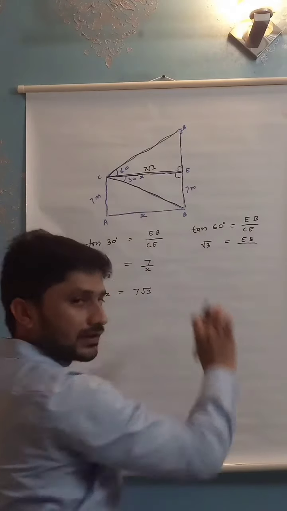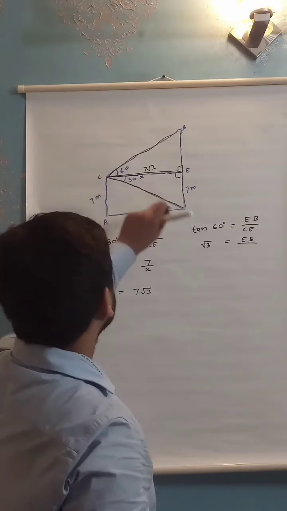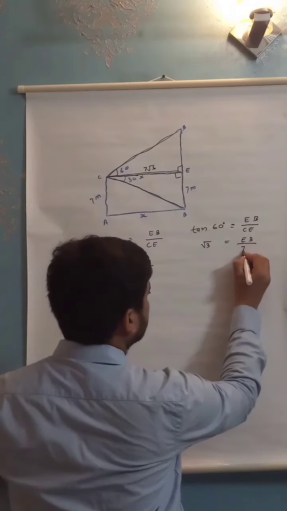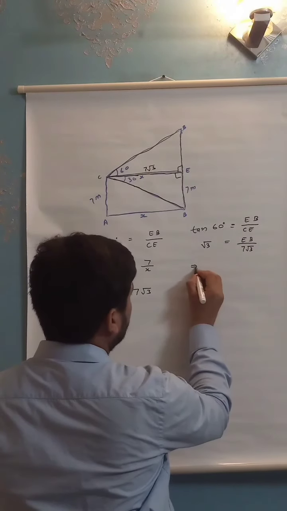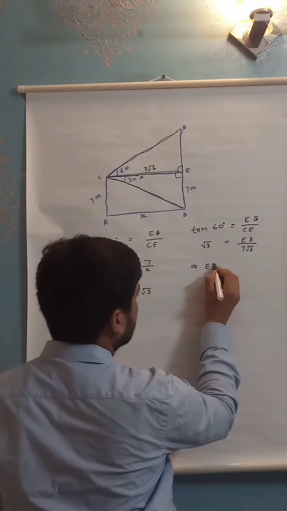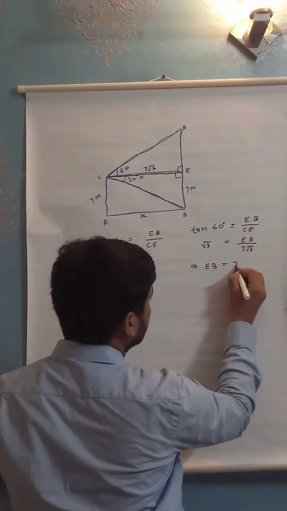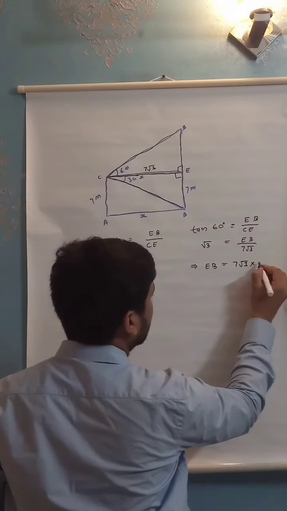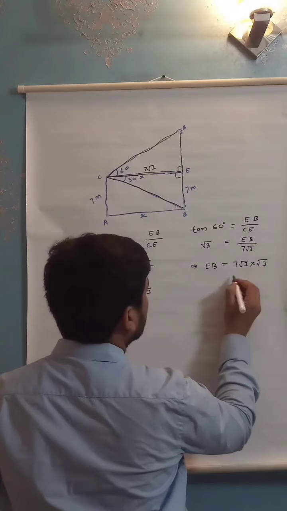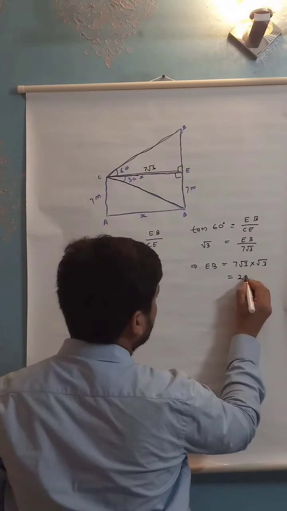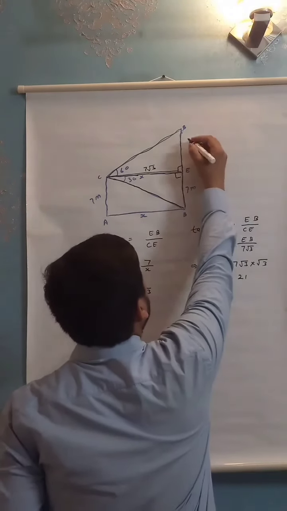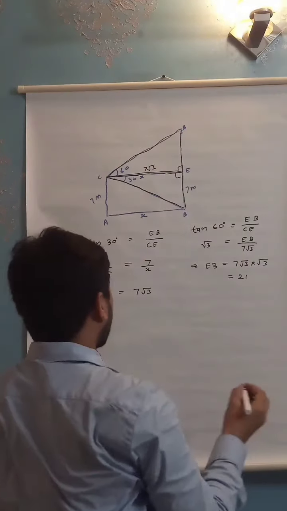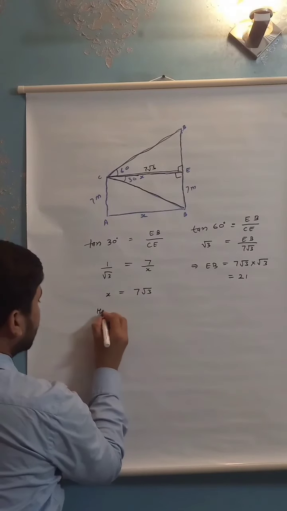We have calculated earlier that CE equals 7√3. This implies that EB equals 7√3 multiplied by √3, which is equal to 21. This is the EB.